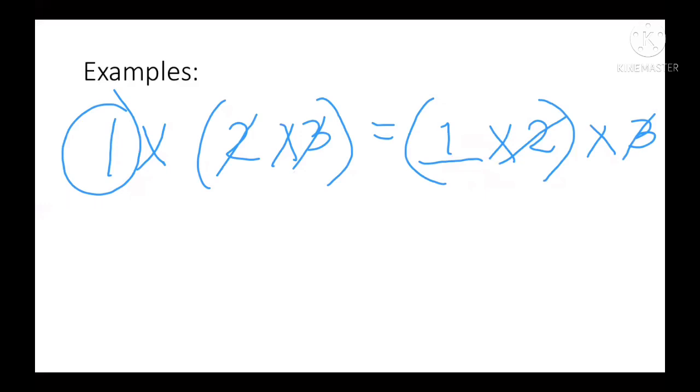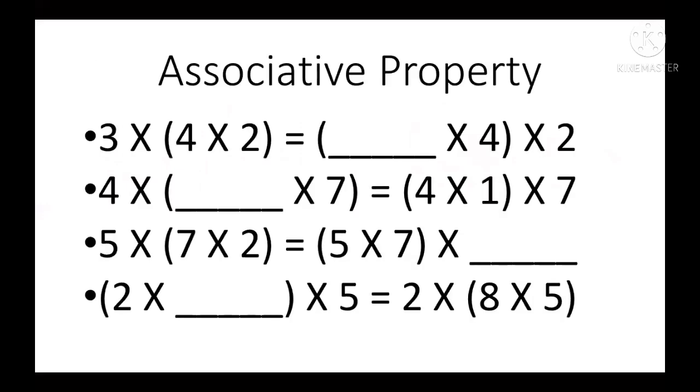Are you ready for the activity for the associative property? I will give you 20 seconds again, and then try to find the numbers on each blank.